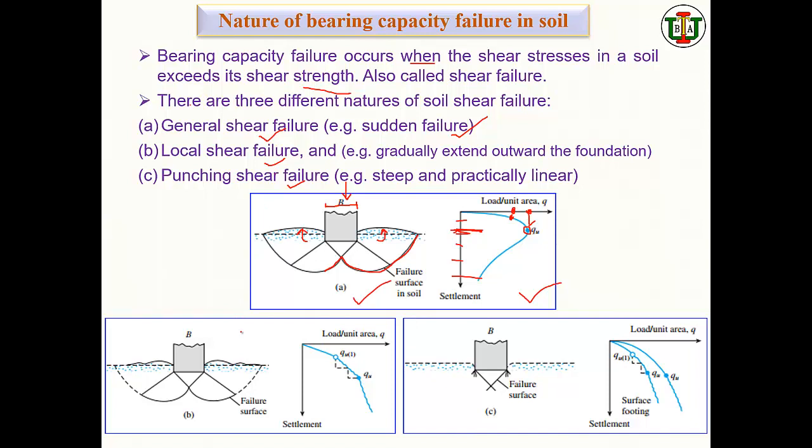So how does it look when it fails? You can see the shear failure surface is extended up to here, right? And you can see there is some partial heaping. It's not like the general shear failure heaping. This is the foundation width.